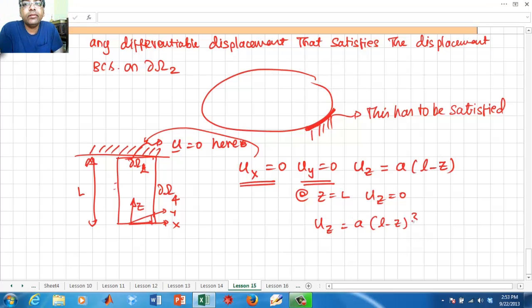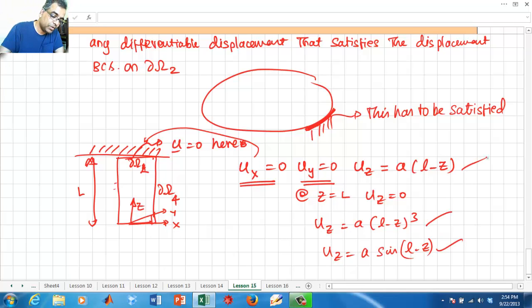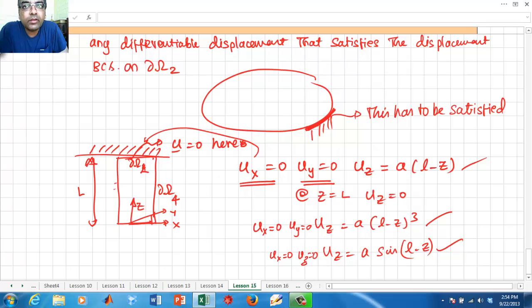Yeah, that will also meet. uz equal to a sine L minus z. Sure, that will meet. All of them are kinematically admissible. And of course, I have to specify all of them, not just one of them: ux equal to 0, uy equal to 0, uz. You can see that the requirements for a kinematically admissible displacement field are much smaller than the requirements for statically admissible stress fields. Okay, so that's item 1.